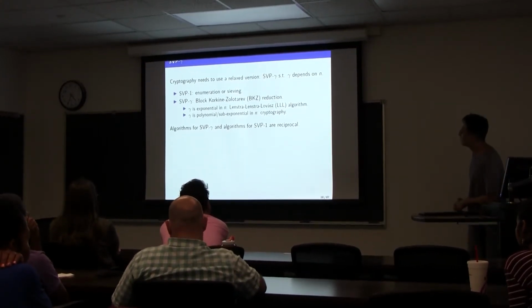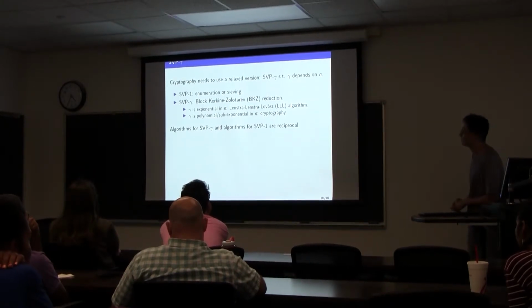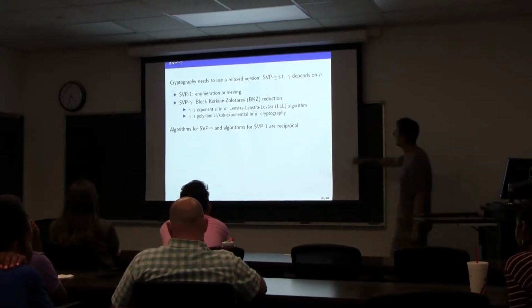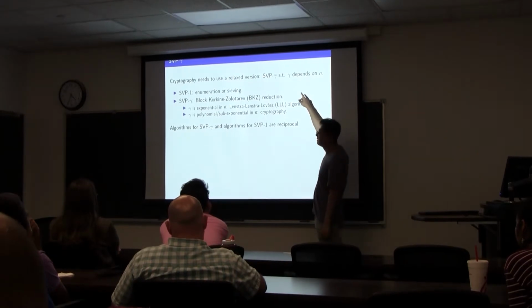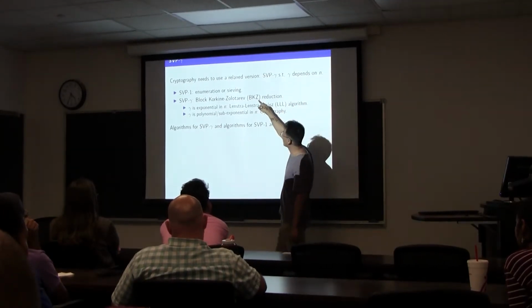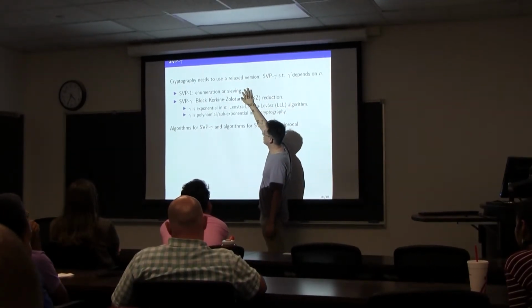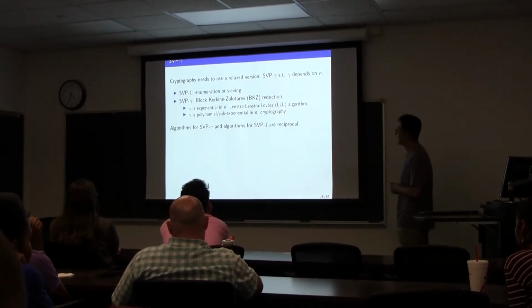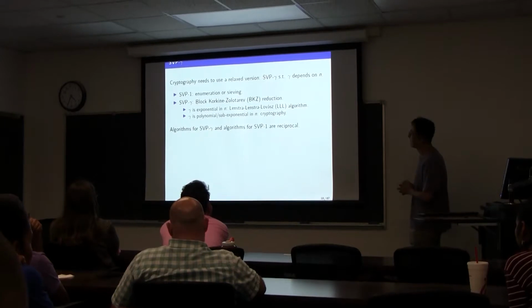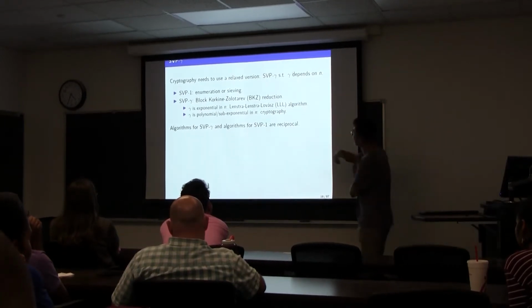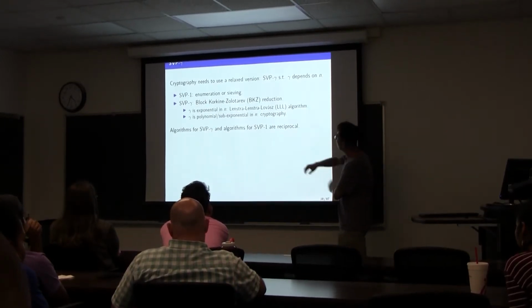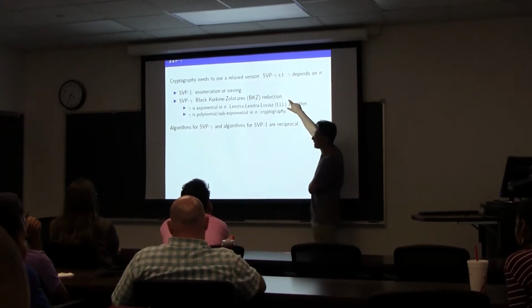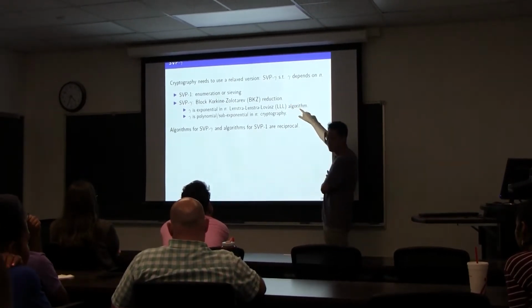And the running time of the best lattice reduction algorithm is related to this parameter gamma, of course. If your gamma is 1, that's the exact shortest vector problem, and the running time is fully exponential. But if you allow your gamma to be slightly larger, you have even polynomial time algorithms.